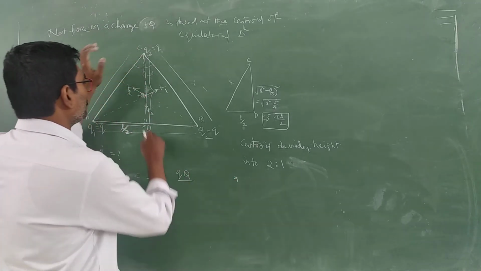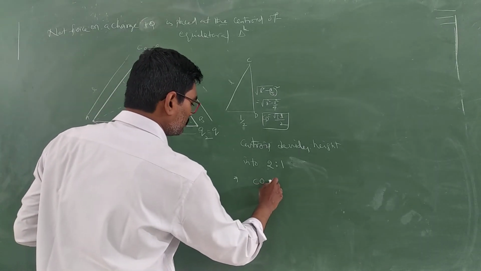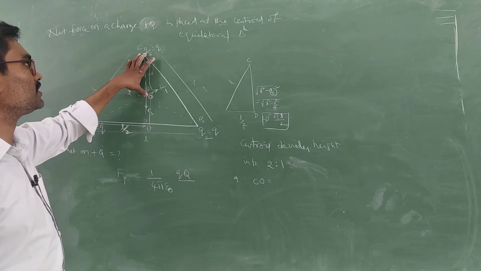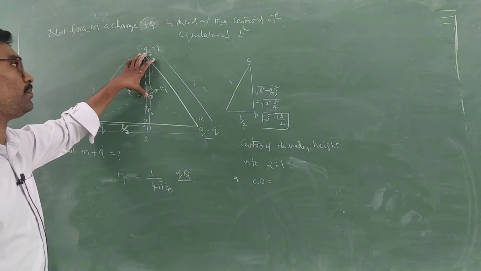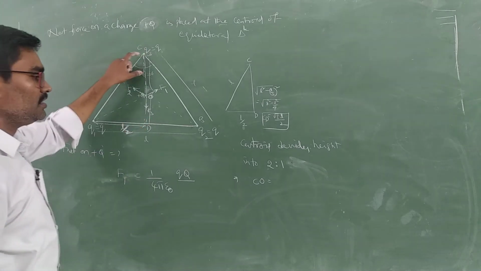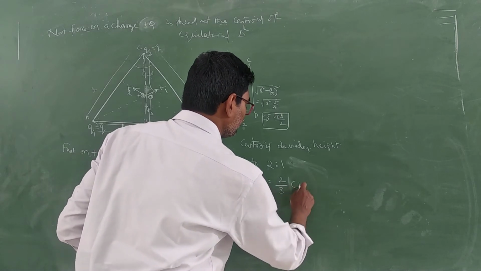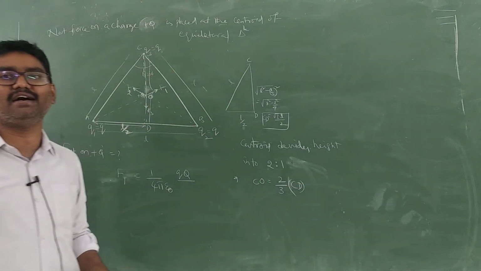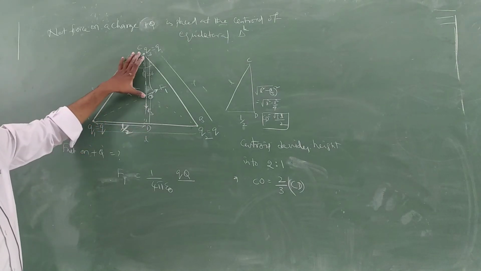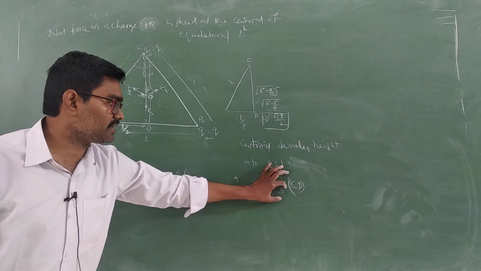This is O. I wanted to calculate the distance CO. CO is equal to two parts of the total height. Okay, that means 2 by 3 parts of CD. Correct? Totally 3 parts. Out of 3 parts, you are taking only 2 parts. So 2 by 3 into CD.